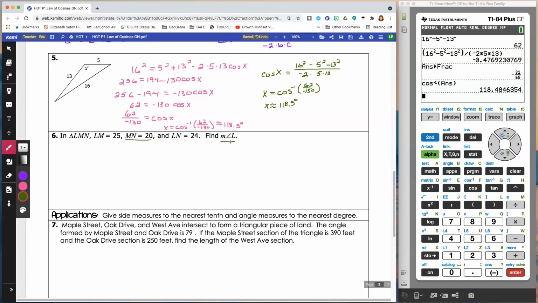The other thing that's important is this. When we're given the law of cosines, we're assuming triangle ABC. In this case, we're given triangle LMN. So what does that really mean?